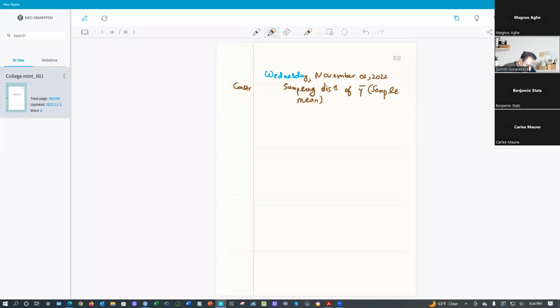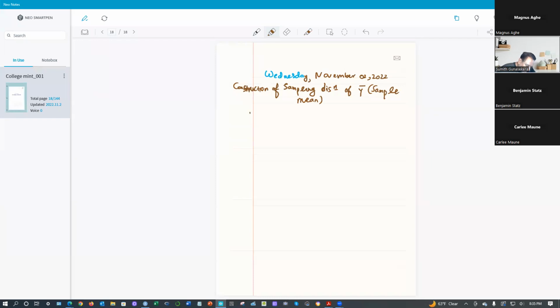So let's look at that. I'm just continuing the same discussion we had on Monday, and then we can move on to our assignment and other stuff. Let's see the construction of the sampling distribution of Y bar.